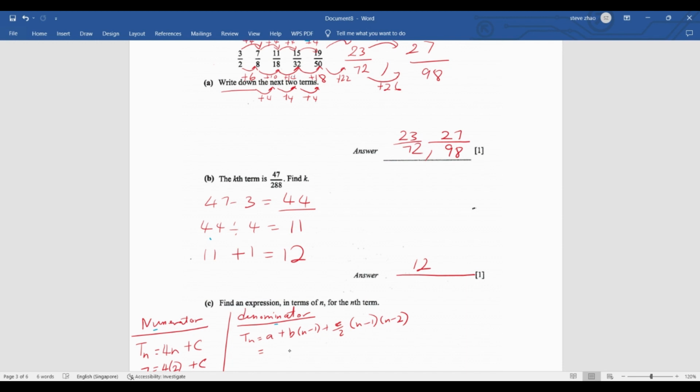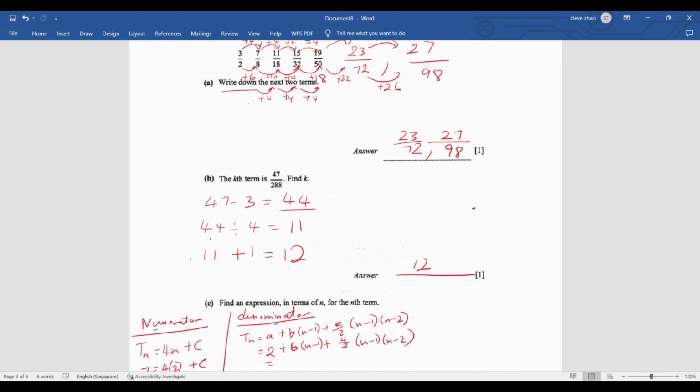The first term is 2, plus B, which is the first difference, in this case is 6 bracket n minus 1. And our C is the difference of the difference, which is 4. And we just need to simplify this and we'll get the formula for our denominator.